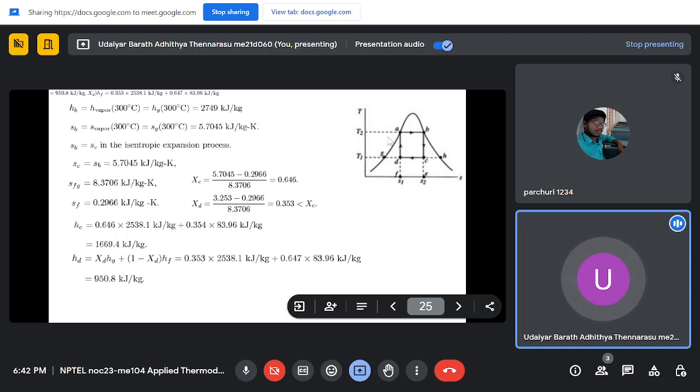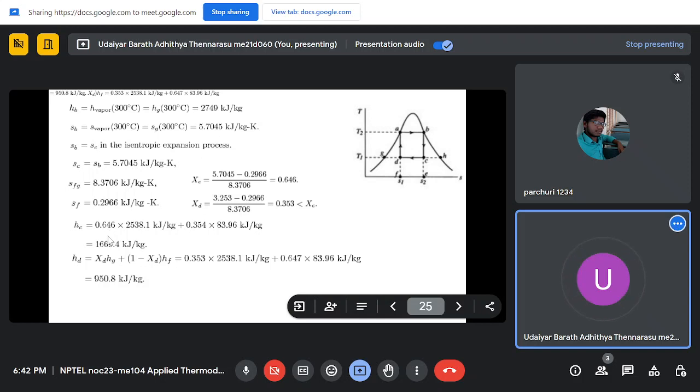So using that you can calculate the dryness fraction in states D and C using those entropy values, and you can calculate the saturated vapor entropy and saturated liquid entropy at 20 degrees Celsius. Using that you can calculate the dryness fraction, and using the dryness fraction you can calculate the corresponding enthalpies.